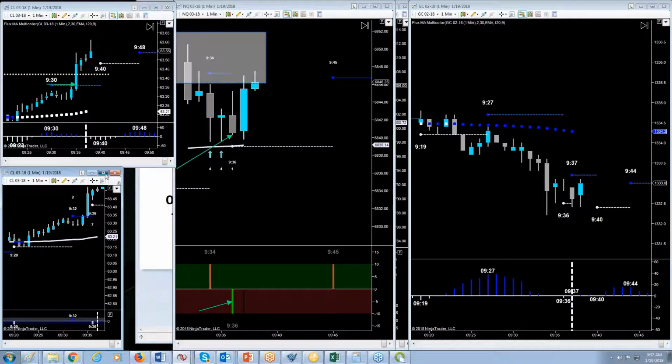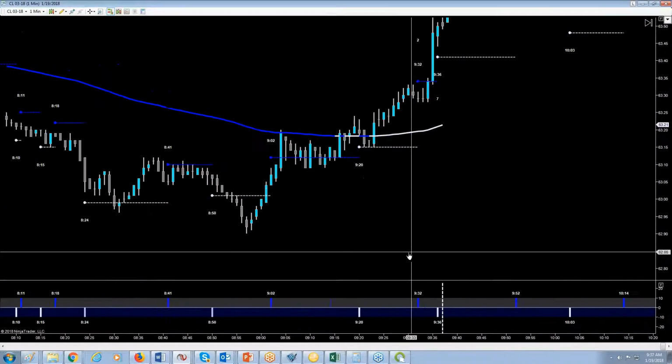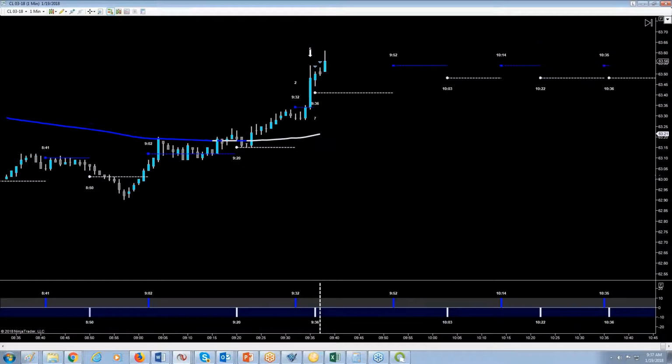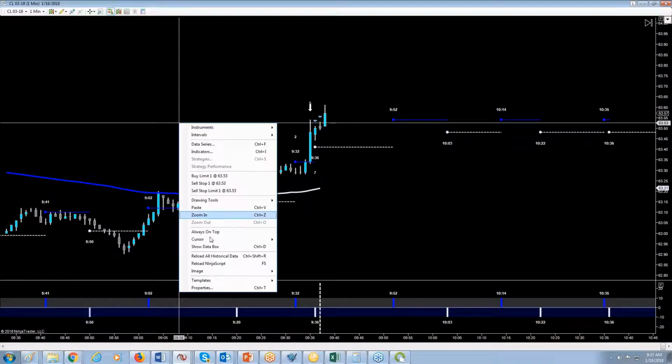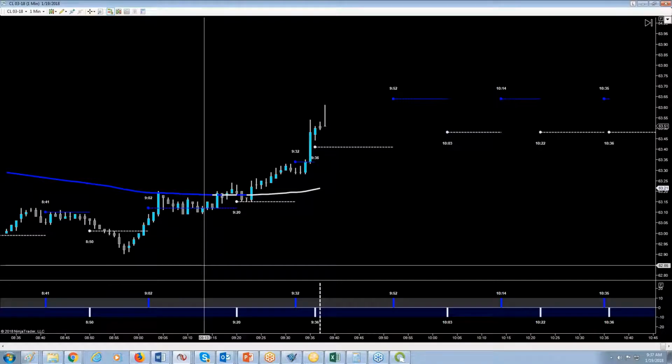On the time warp, look at where the signal came in. Our signal would be right at the close of the last white signal. So there are two trend entries, Pam.